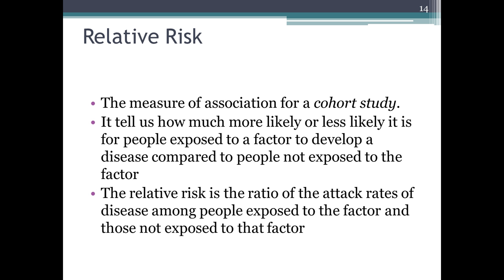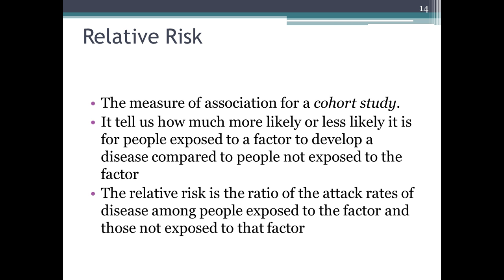Now let's move on to relative risk. The relative risk is the measure of association for a cohort study. As I've mentioned, odds ratio is for the case and control. Now for relative risk, this is for measuring the association for a cohort study. Remember, in a cohort study, you specify the criteria and the features of your cohort, and then you compare that with your control.